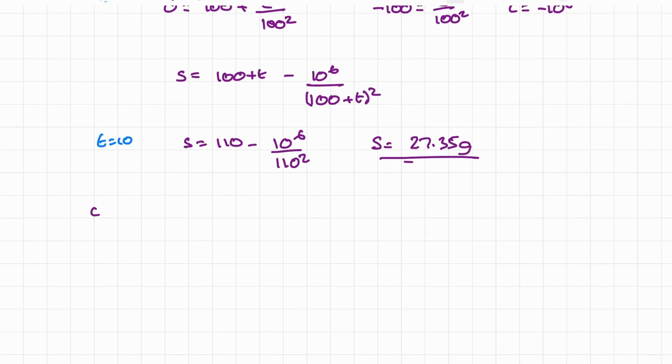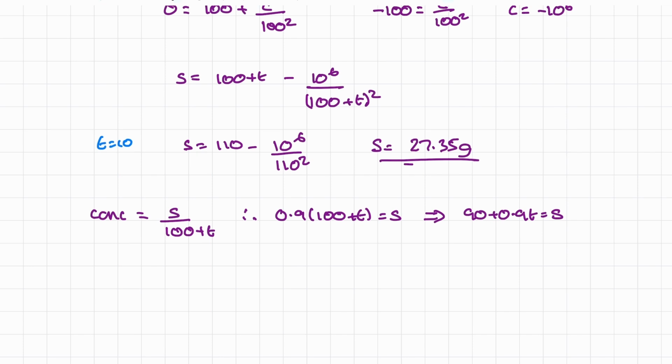So if we say then that the concentration will equal s over (100 + t), and we were told in the question that this equals 0.9, we can move this denominator to the left-hand side. So therefore, 0.9 lots of (100 + t) will equal s. So we get 90 plus 0.9t will equal s.